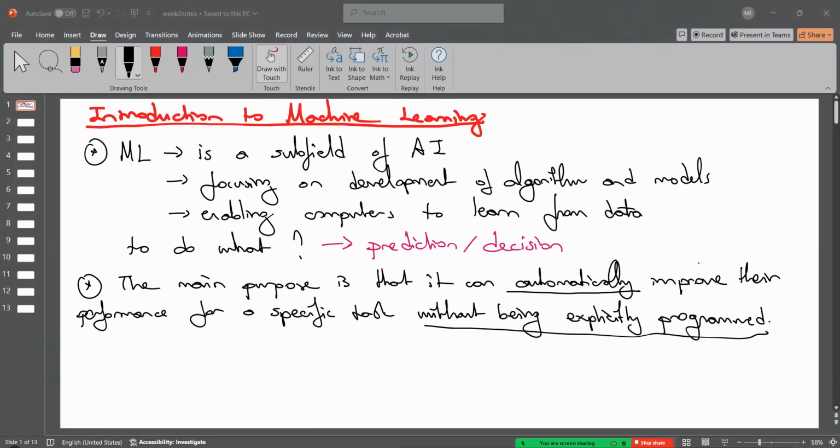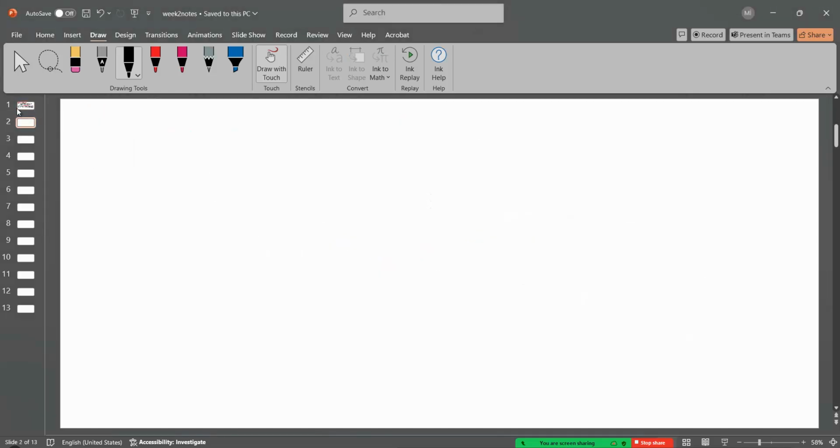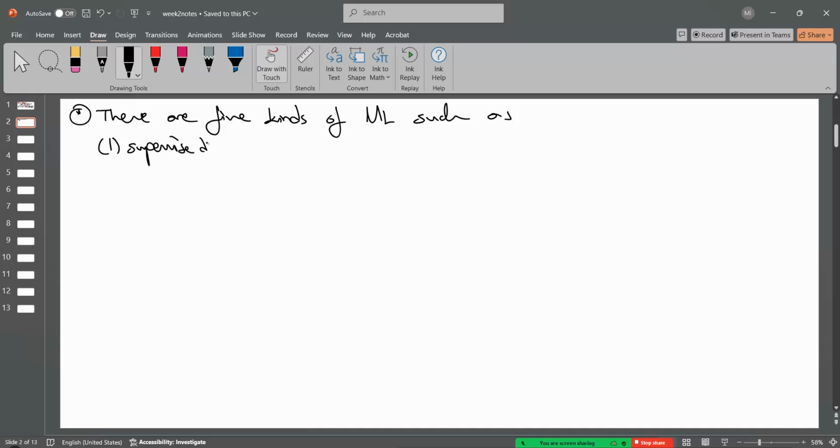There is no question, and so we need to write the types of machine learning algorithms. Okay, first of all, we have 5 kinds of ML. First, we have supervised learning.